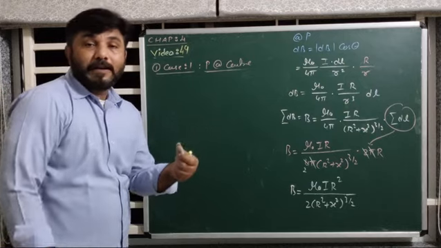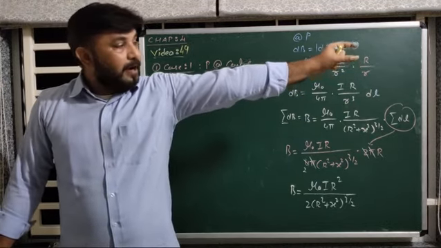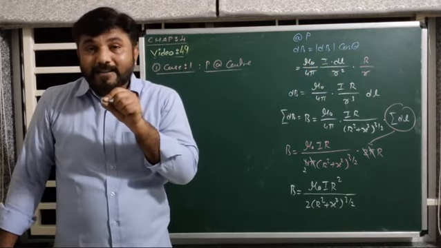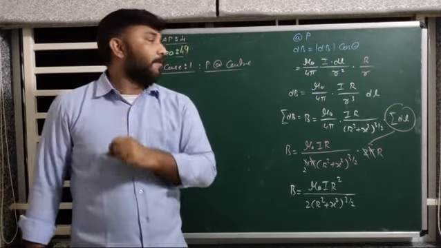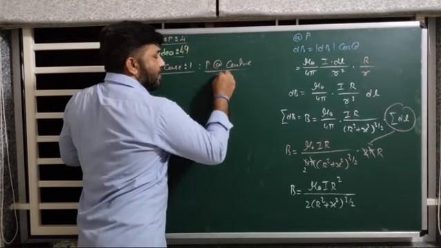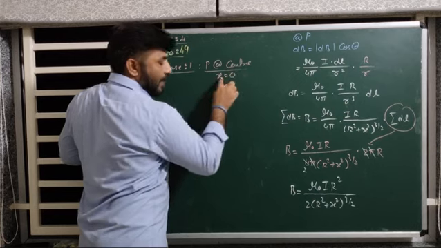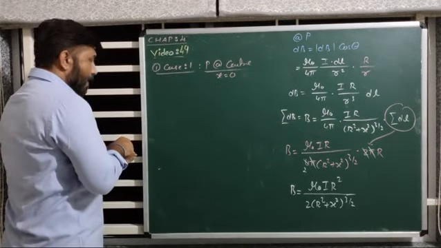Previously I have removed that figure. Previously point P was at a distance x. Now if the point P is at the center, what becomes 0? X value becomes 0. So if point P is at the center, then you have to put x is equal to 0 here.